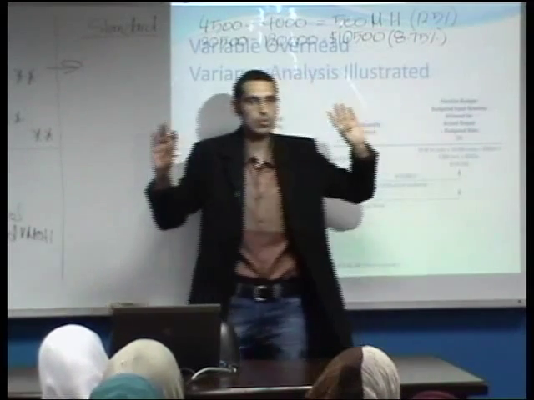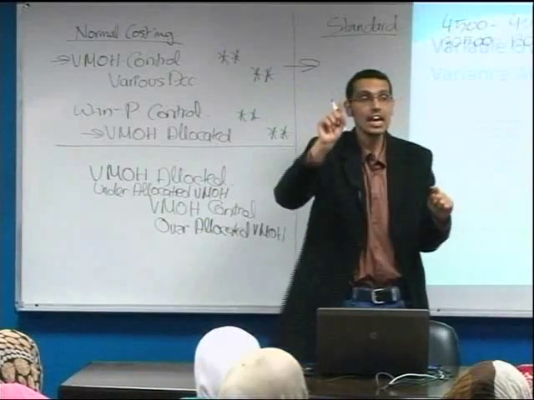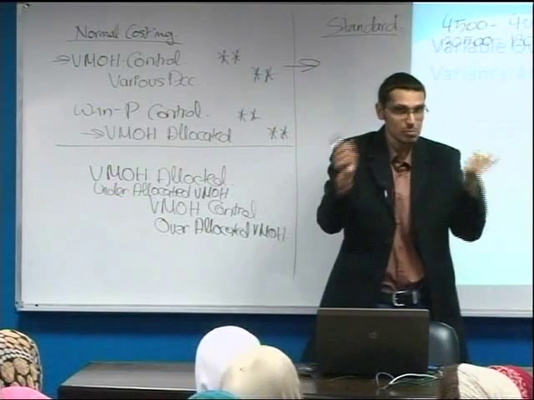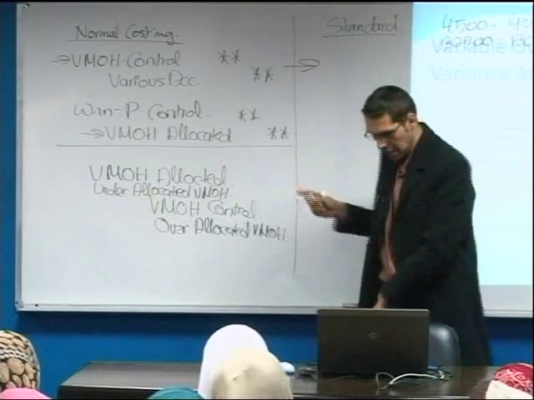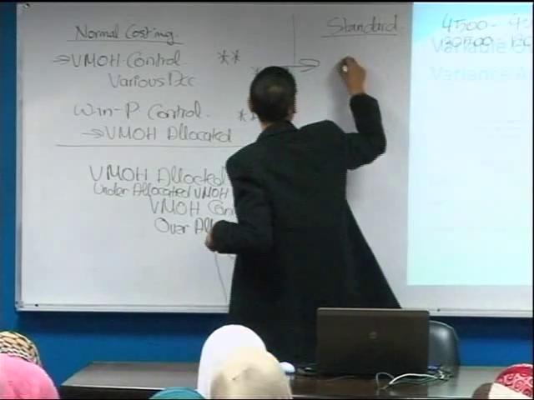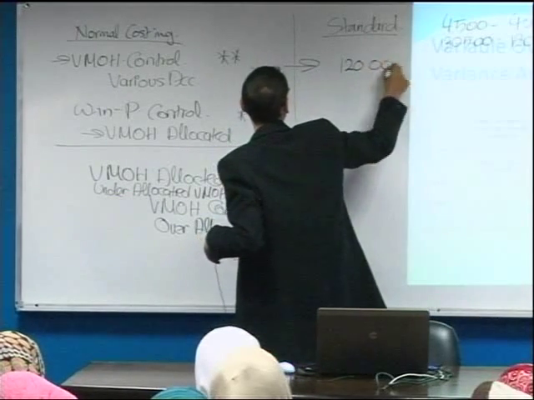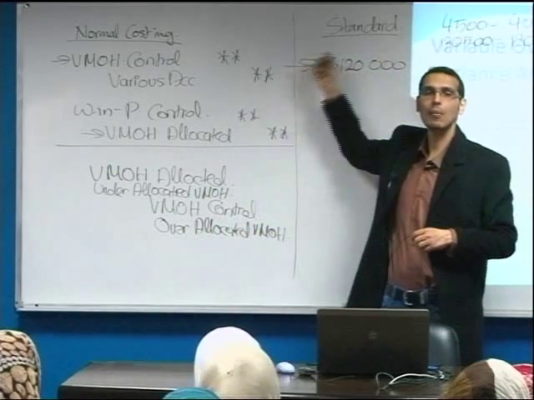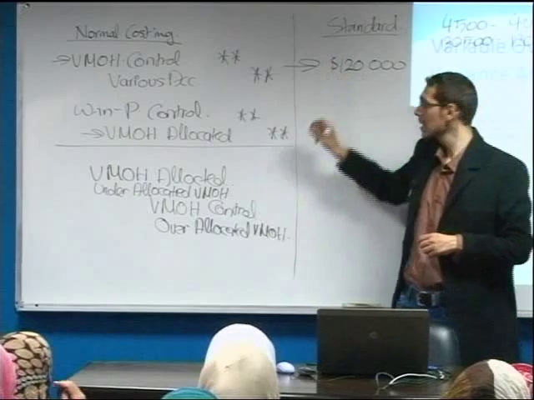Correct? This is according to our standard costing. The normal costing would use not the standard quantity, but the actual quantity. You need to make the difference between the two. Therefore, we would journalize this entry by the amount of 120,000.